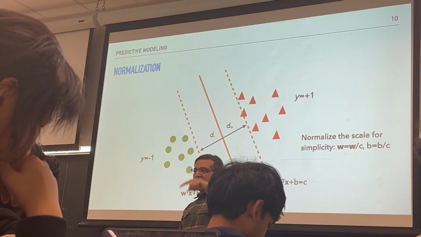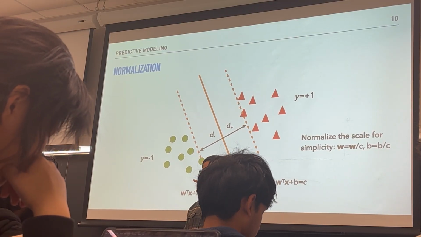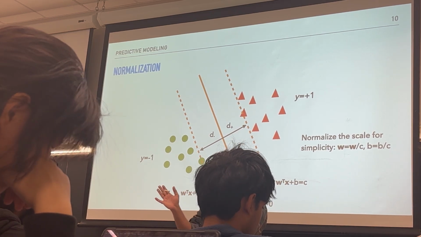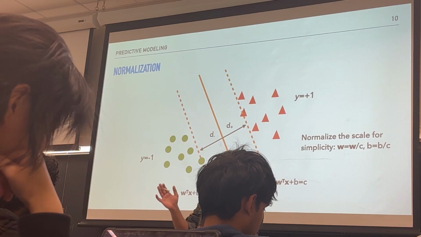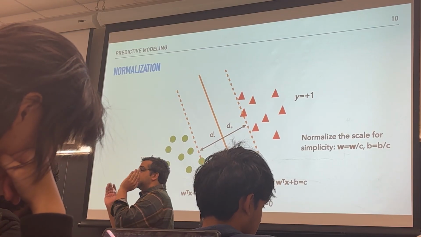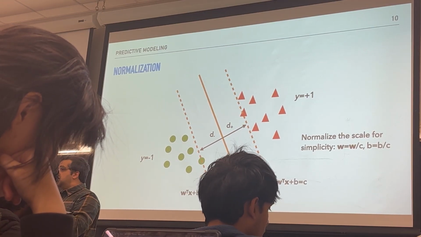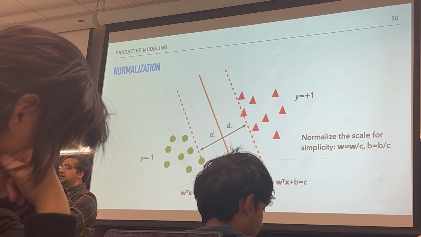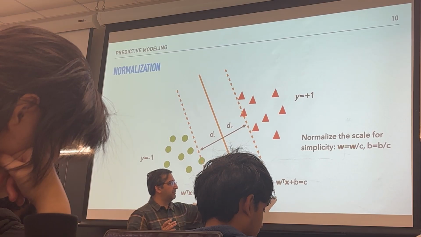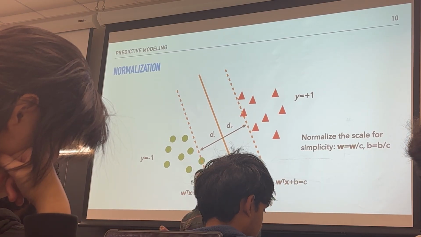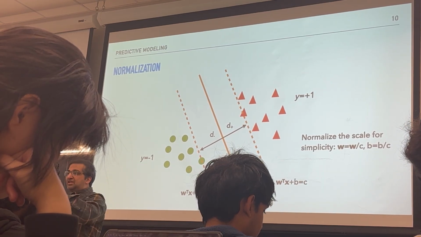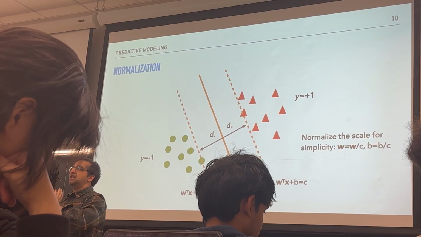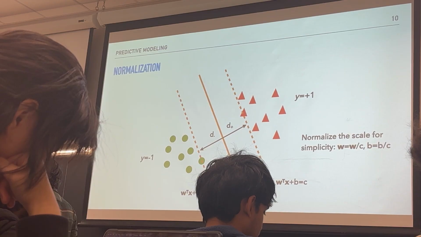It will still mark up the same hyperplanes because the number of degrees of freedom is still the same. So when you're setting C equal to +1 or -1, you're not saying that the margin should be 1. There's no difference between this and when you set it equal to 1. The equations of the hyperplanes, the two equations, they'll point to the same hyperplane. Okay, so let's say there are two lines, right?